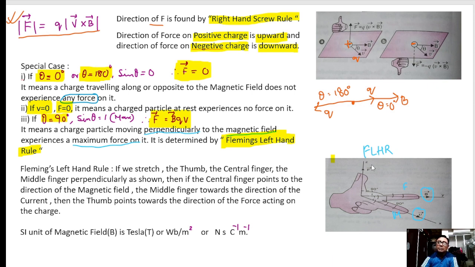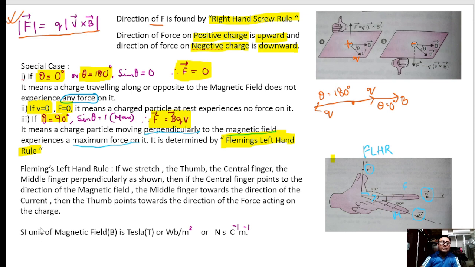So the thumb will point to the direction of force. That means you have to keep all these three fingers perpendicular to each other. Then if the forefinger points to the direction of magnetic field and the middle finger points to the direction of velocity, then the thumb will point in the direction of the force. This is Fleming's left hand rule. Okay.